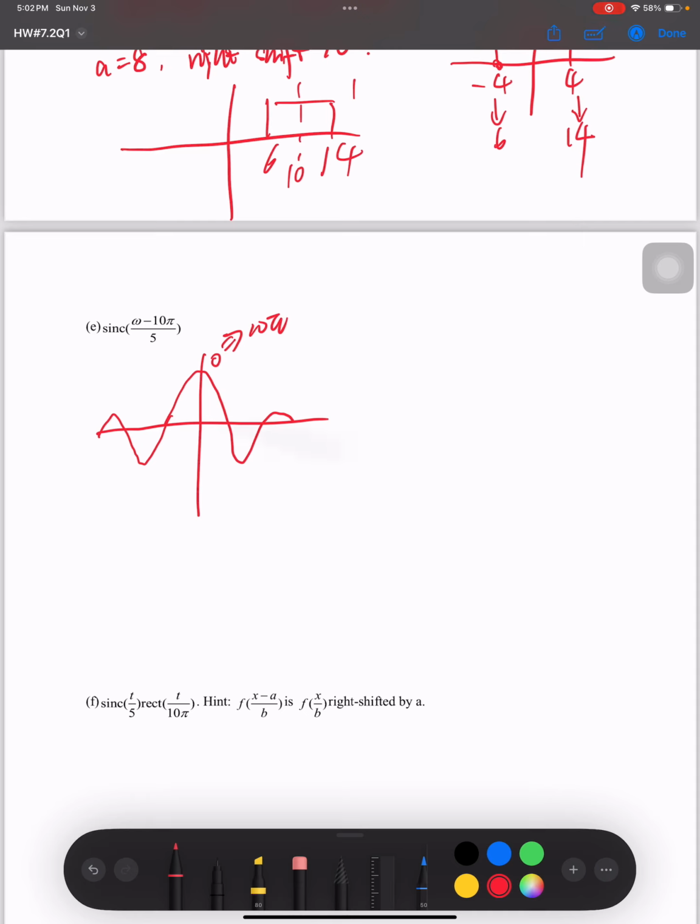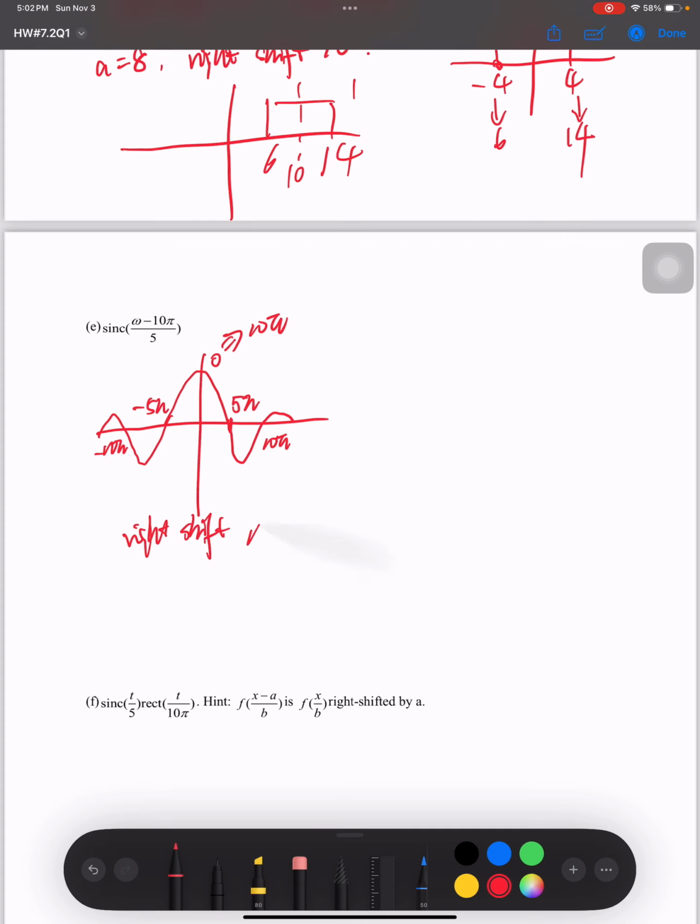And here the first cross point is 5 pi, and the next one is 20 pi. This is 5 pi, this is 10 pi, minus 5 pi, minus 10 pi, and it's a right shift of 10 pi.